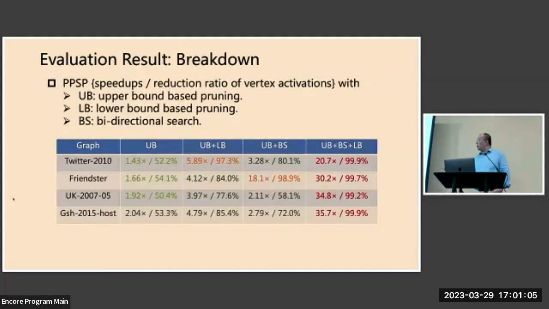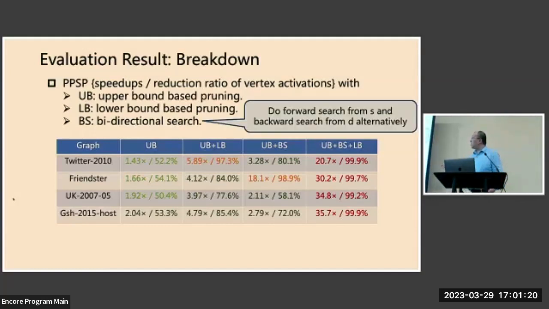Here we also try to understand the contribution of the speedup from the different optimizations. Specifically, we consider three. One is to consider the upper bound, the other is to consider the lower bound, and another is to consider the bidirectional search. So we can search from either the source or the destination. Here is the result on the four graphs, and you can see that basically we need to consider the operations together.